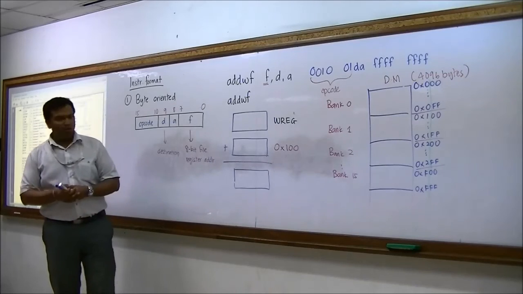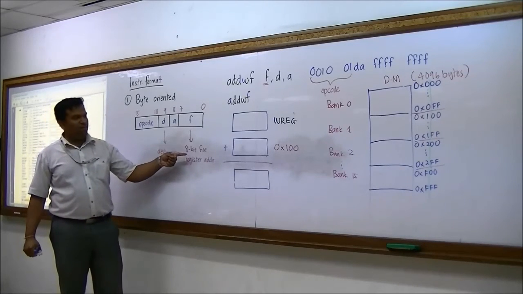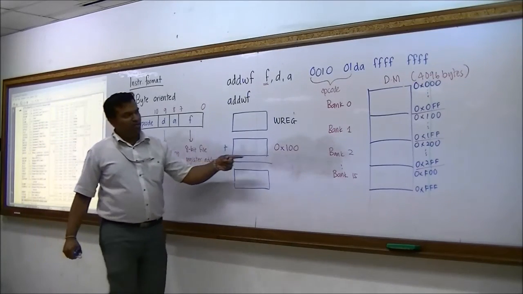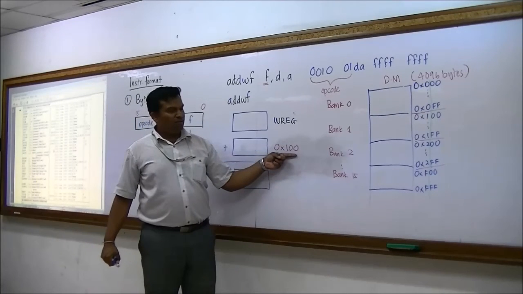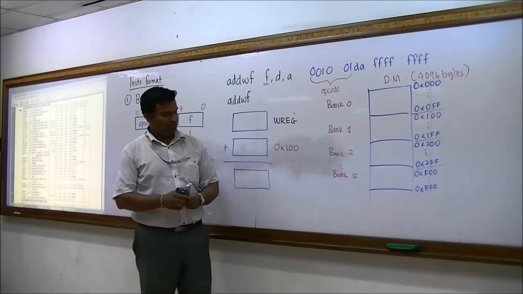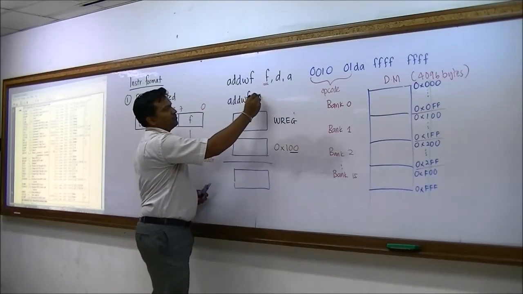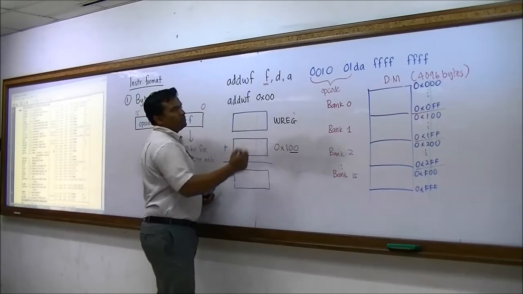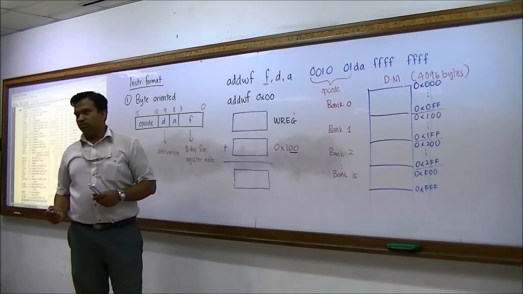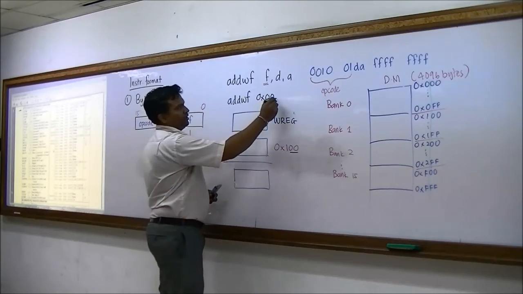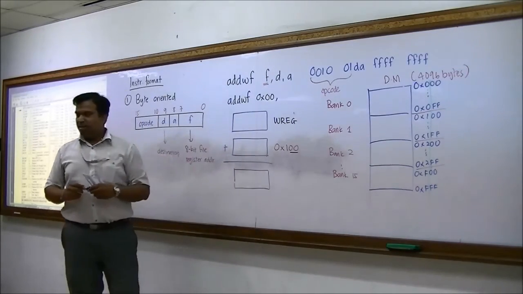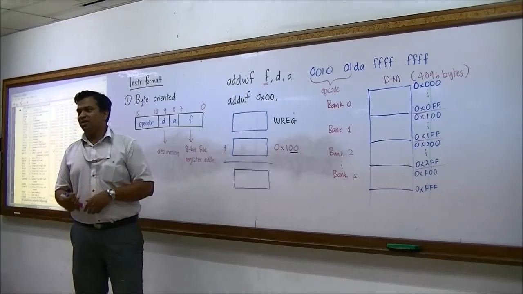Remember, the F field only allows us to write an 8-bit value. Out of this 12-bit address, how much is 8-bit? 00 is 8-bit, so I can only write hex 00 here. Then you may ask, what happened to the 1?